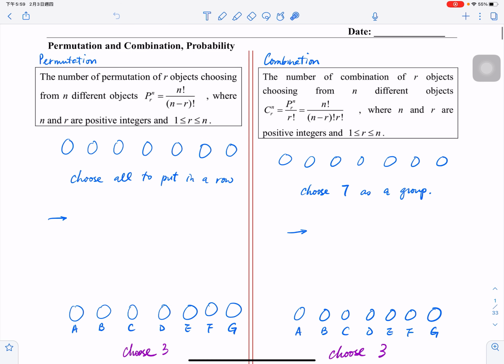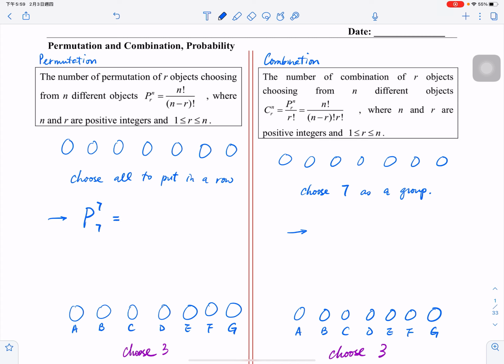So for example, if now we have 7 items, then if we choose all to put in a row, that means n and r are equal. That means 7 different objects, and then we choose all 7.